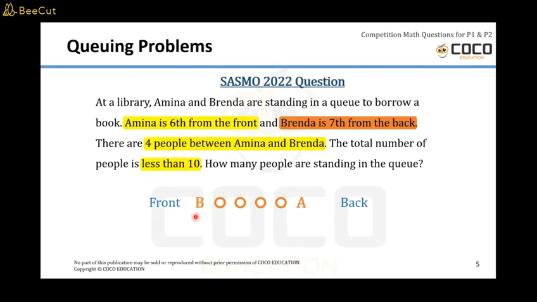For example, 7, 6, 5th, 4th, 3rd, 2nd, then 1st, which means we need another circle over here. Okay, are the people less than 10 now? Yes, it is. There are 7 of them. So, to answer the question, how many people are standing in the queue? The answer is 7 people.